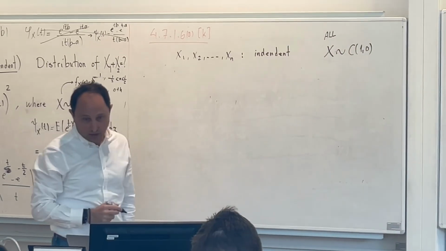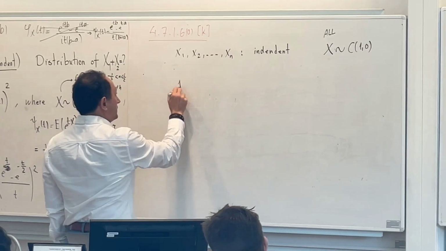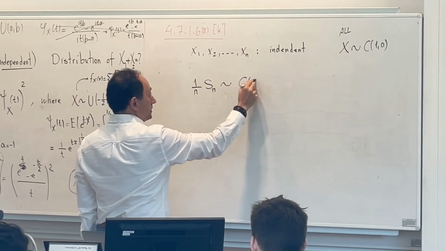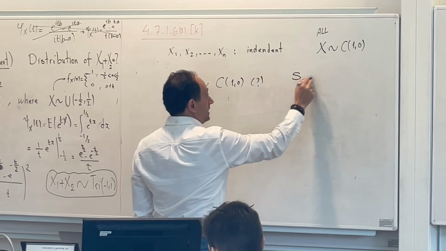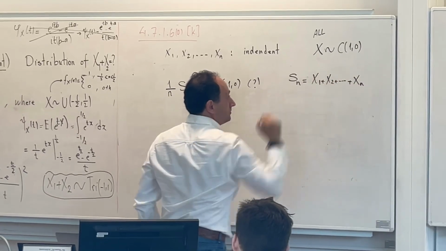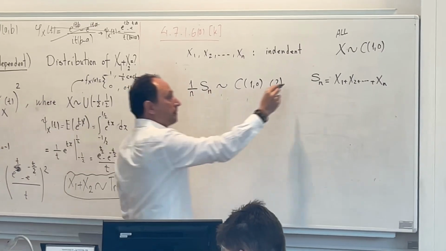And then we want to show that this random variable 1 over n Sn is also Cauchy distributed. If I ask what is Sn, Sn is the sum of these. Okay? So that's the problem.